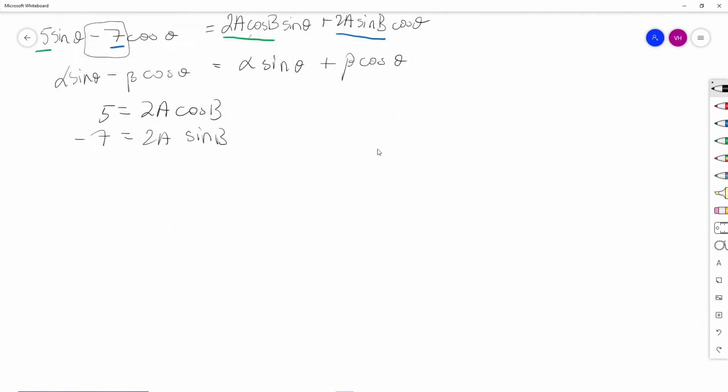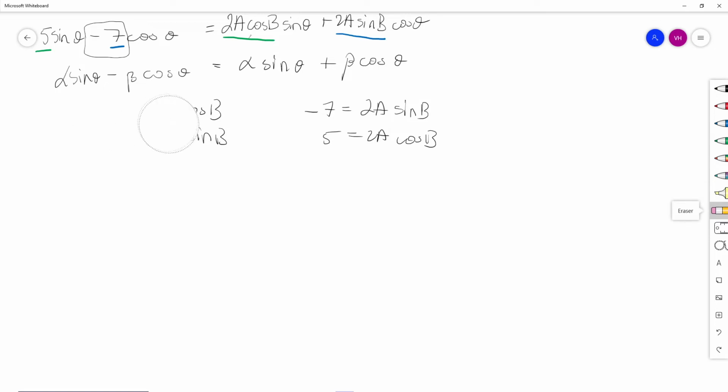Let's write negative 7 equals 2a sine b, and 5 equals 2a cos b. Now, what we have here is just the coefficients equated to the coefficients on the right side. But we have a 2a sine b and a 2a cos b. So what can we do with these two things?